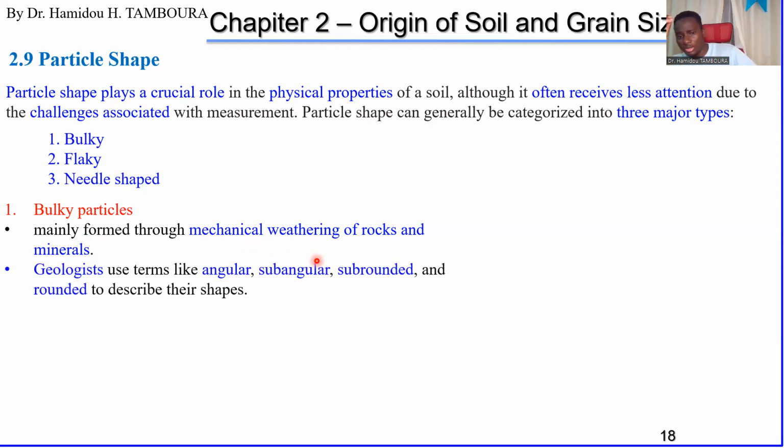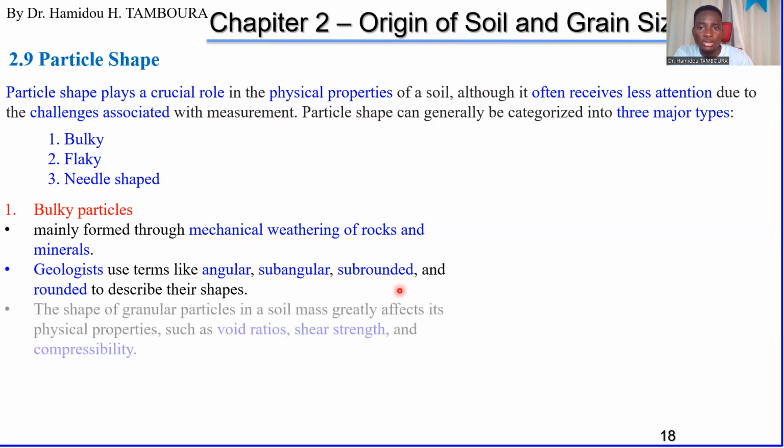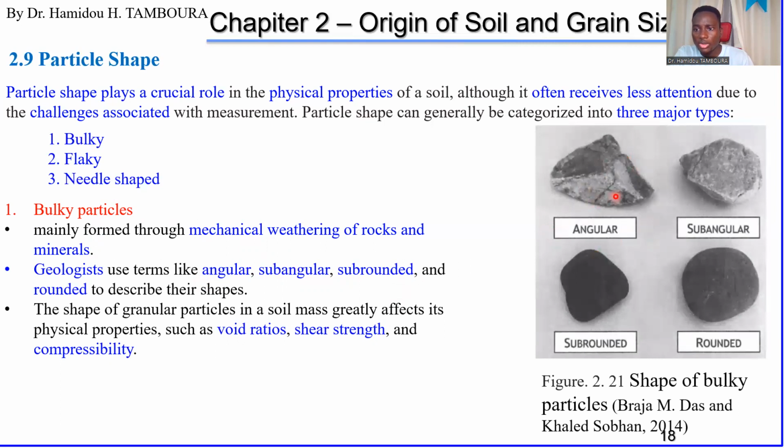So geologists use terms like angular, subangular, subrounded, or rounded particle. Just here: angular, subangular, subrounded, and rounded. Geologists mainly use this.